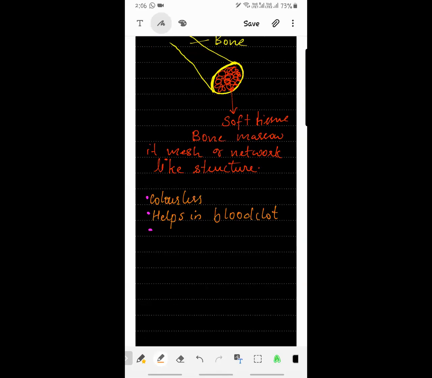If a cut or wound is made, the blood starts flowing from it, and after some time these platelets make a plug in the area of the cut in the body. Plug means something which can block the blood coming out.